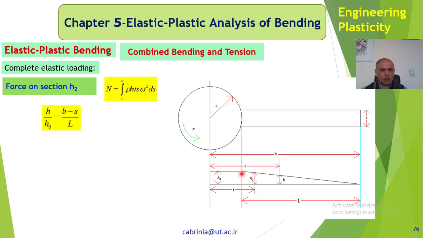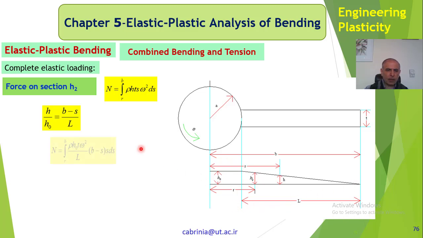Now in here we have H over H0. H is this, H0 is this. These two triangles give H over H0 equals B minus S over L. B minus S is this and L is this.